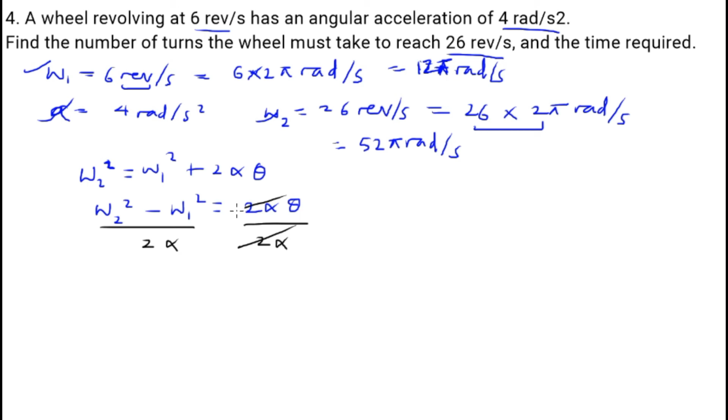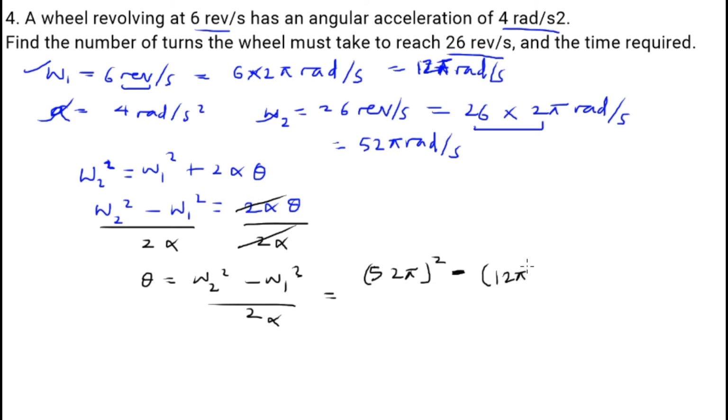Alright, so if I do this, theta, which is the angular displacement, would be omega 2 squared minus omega 1 squared upon 2 and then the angular acceleration. Omega 2 squared, that's 52 pi squared, minus omega 1 squared, that's 12 pi squared, upon 2 multiplied by the angular acceleration. The angular acceleration is just 4.